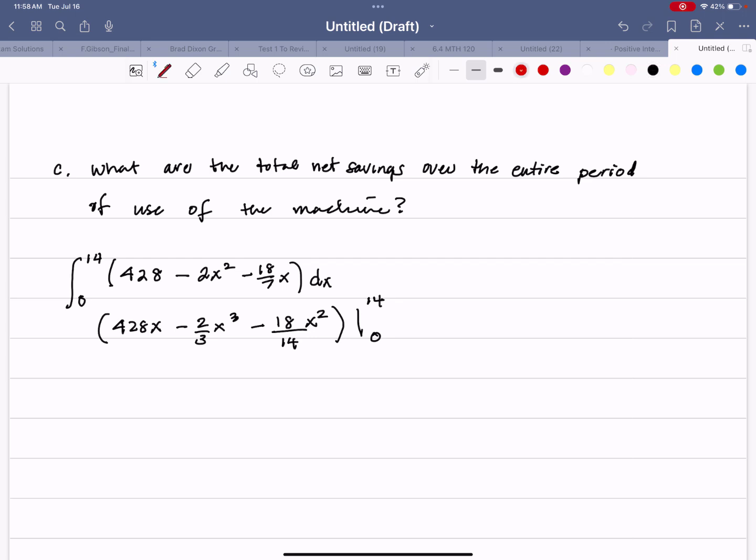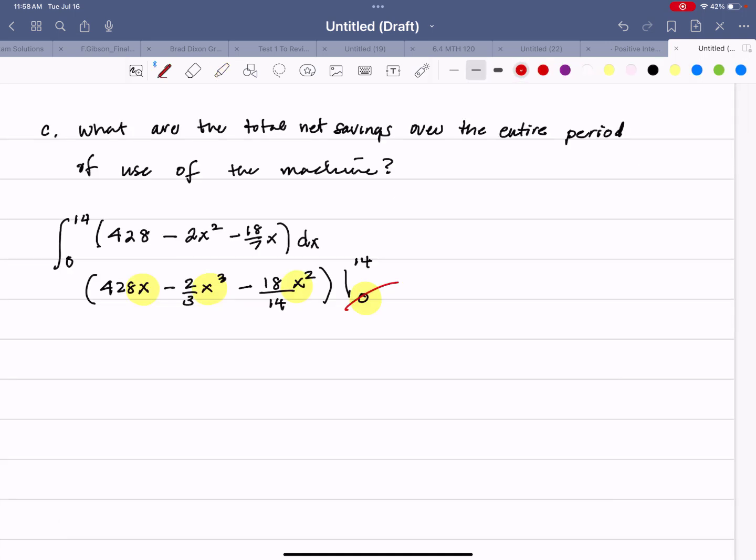And we already know that because all terms have an x, that when we evaluate it at 0, it's just going to be 0, so we don't even have to do that part. So all we have to do is 428 times 14 minus 2/3 times 14 cubed minus 18 over 14 times 14 squared.